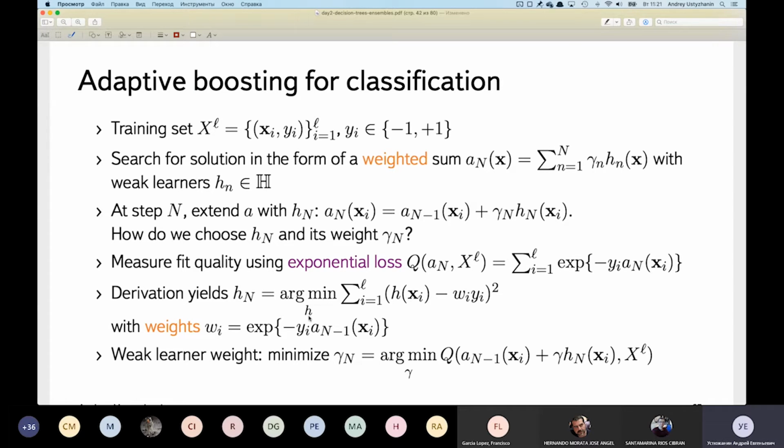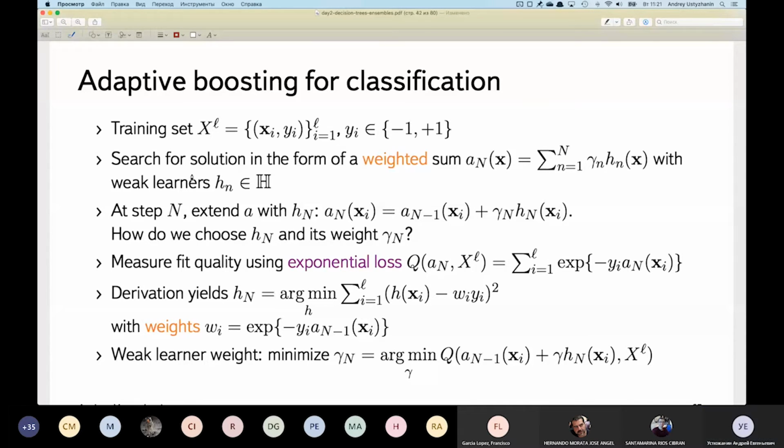I wouldn't say that adaptive boosting has really great performance, but it is a quite interesting and simple idea for building new algorithms. So let's take a closer look at how it works.